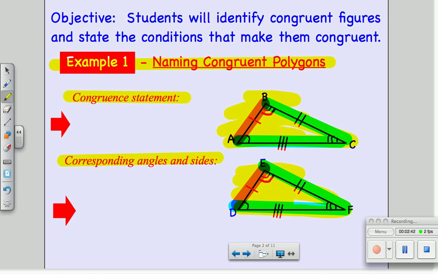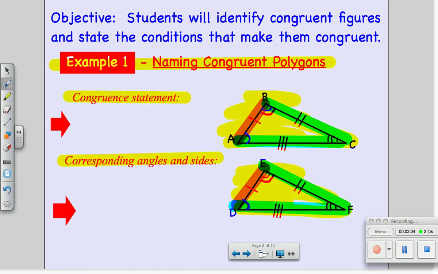The corresponding angles you can also see by the marks that I've placed here. So I'm going to use a marker to show you what I'm talking about again. I'll use a different color, blue. How about that? So this angle here, angle A, corresponds to angle D here. Okay?